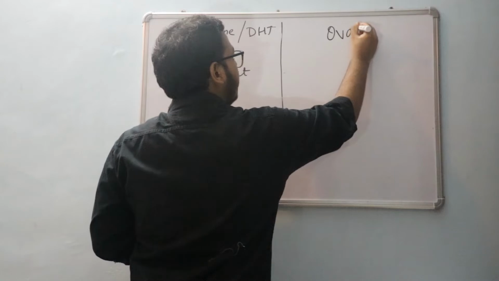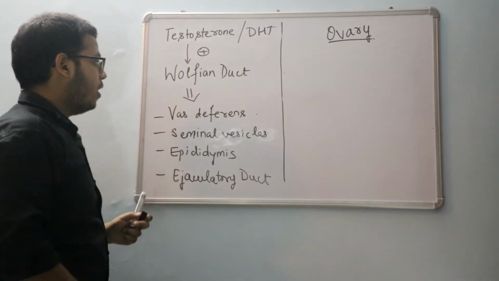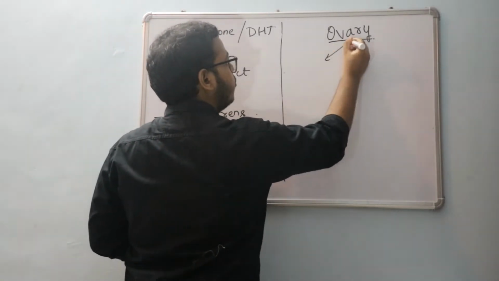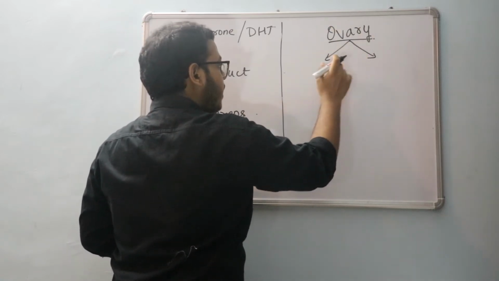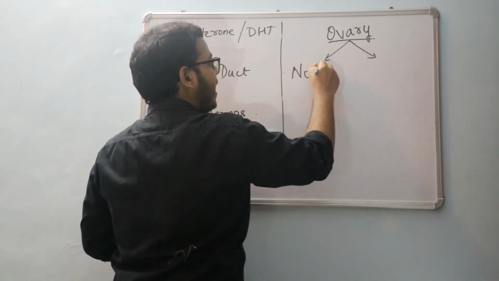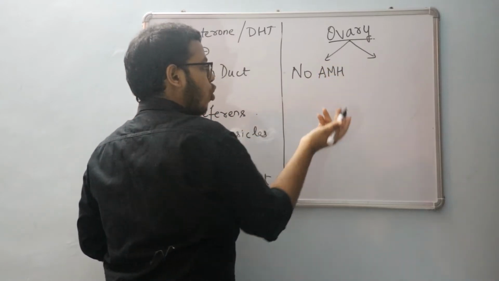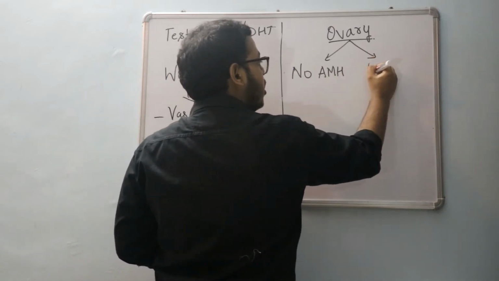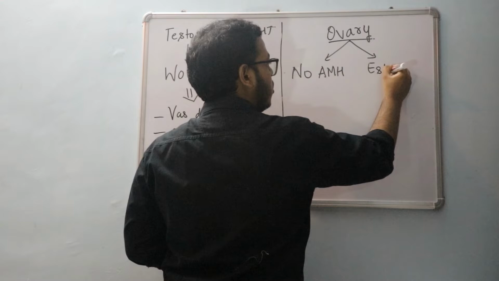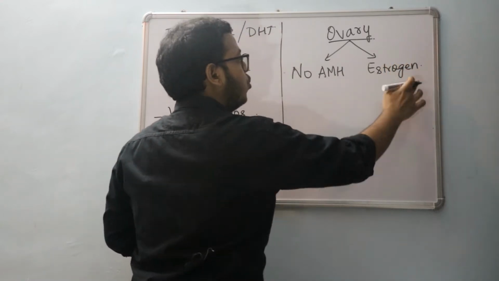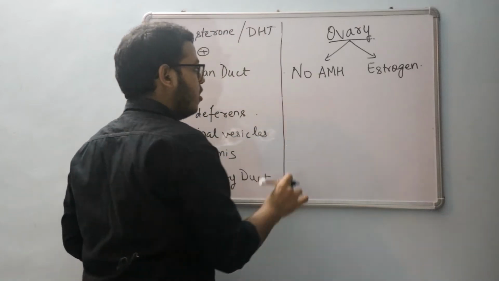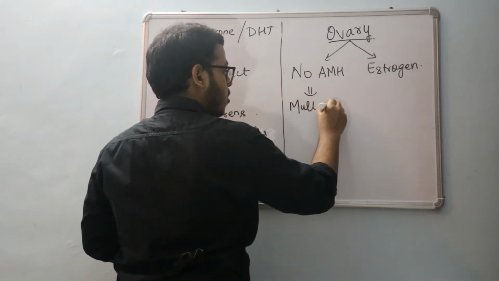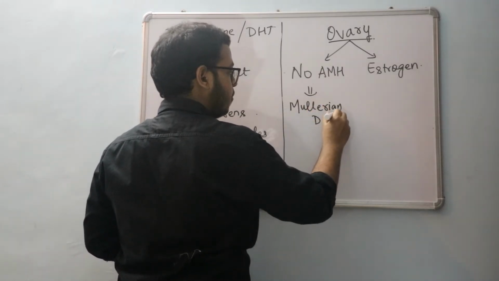In case of the ovary, please note it down if you want to by pausing the video. I'll move on to the ovary part. In the ovary there is no AMH or MIF. It does not produce any anti-Mullerian hormone, and it produces something known as estrogen. So there is no anti-Mullerian hormone, which means the Mullerian duct will be patent.